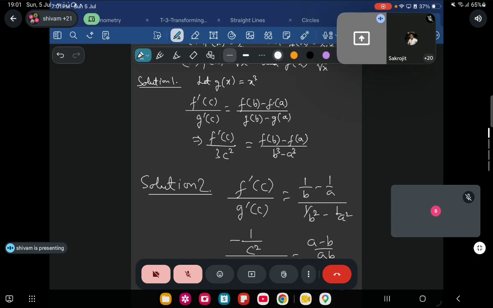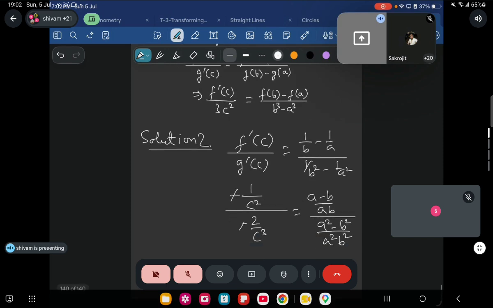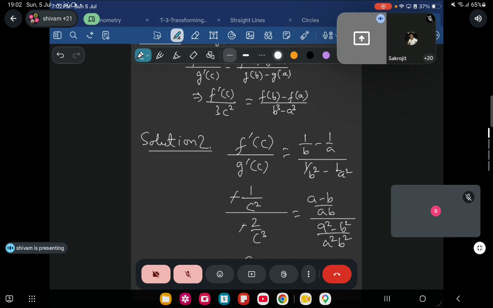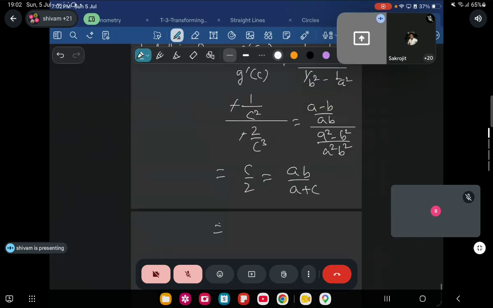Minus minus gets cancelled. So this will give us c by 2 equal to ab by a plus b. So people can understand that c is the harmonic mean between a and b. Very simple.